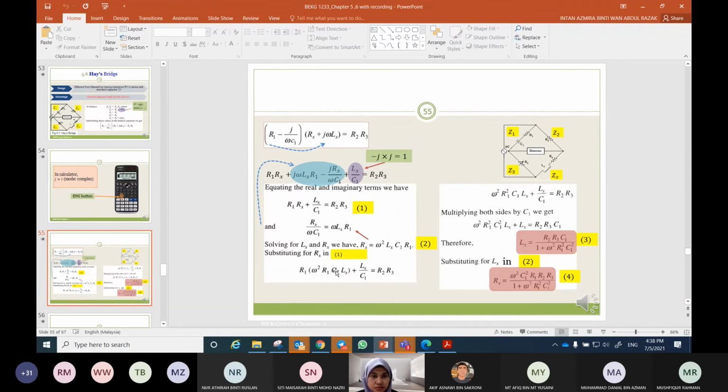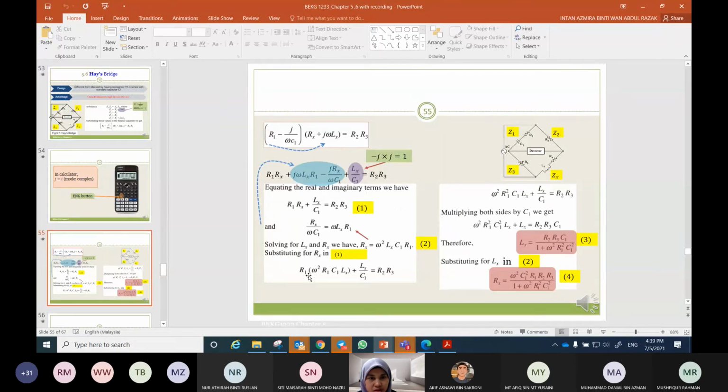And then we substitute this Rx in this equation number 1, and finally we will get Lx equal to this. We substitute Rx that we have found here into the first equation.